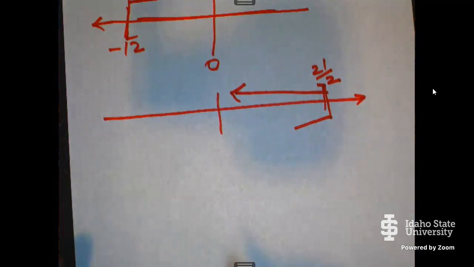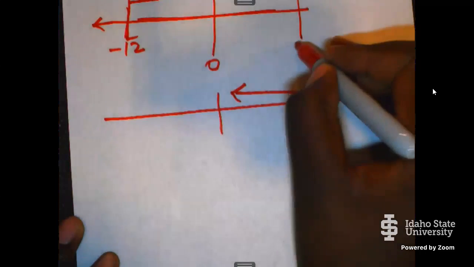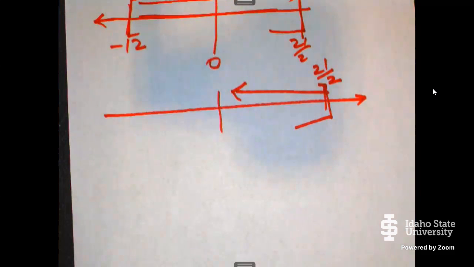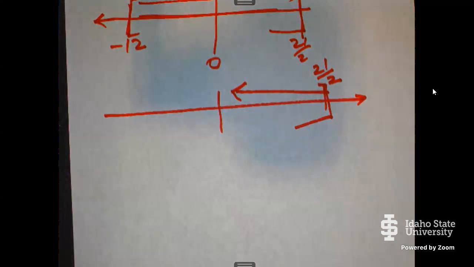We now have a region, which is this region here, 21 over 2. It is connected because of the brackets. I know what you're trying to tell me.